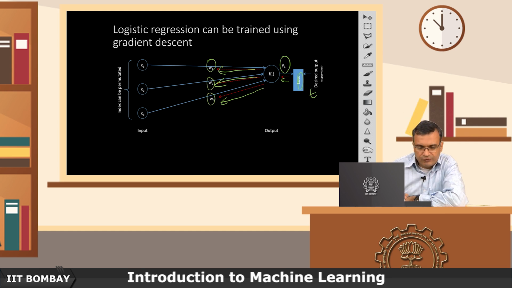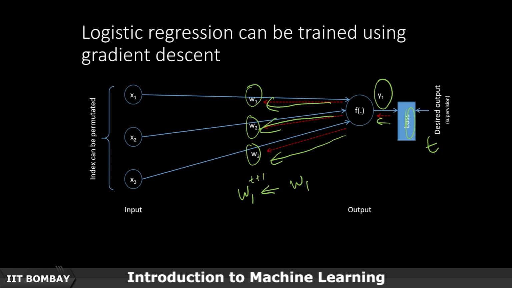So basically what we are saying is that w1 in the (n+1)th iteration is going to be whatever w1 was in the nth iteration, minus some learning rate eta times the gradient of the loss with respect to w1.